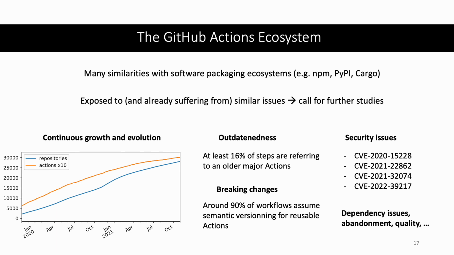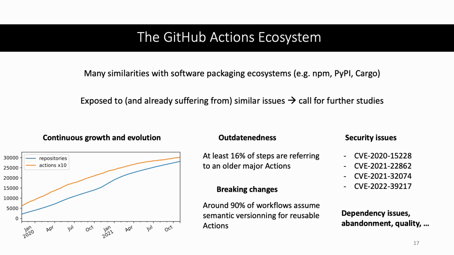The way that GitHub decided to add these reusable components that we know as actions creates a GitHub Actions ecosystem. This ecosystem has many similarities with software packaging ecosystems that we already know, like NPM, PyPI, and Cargo.